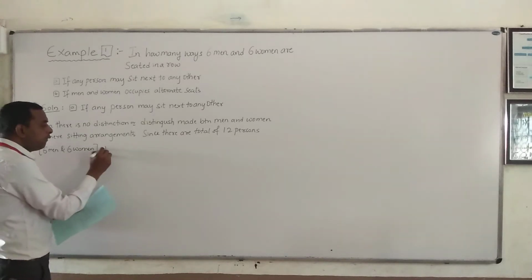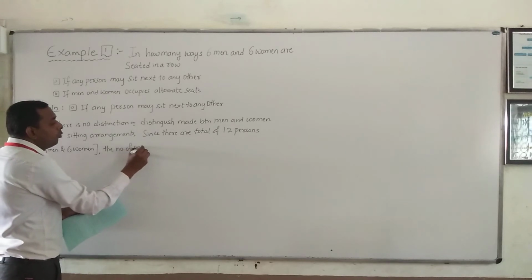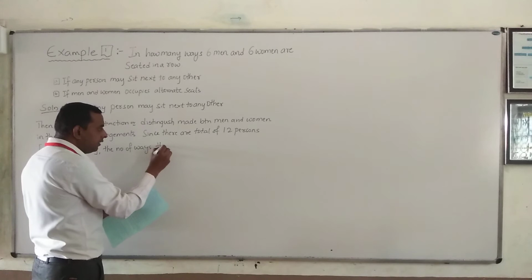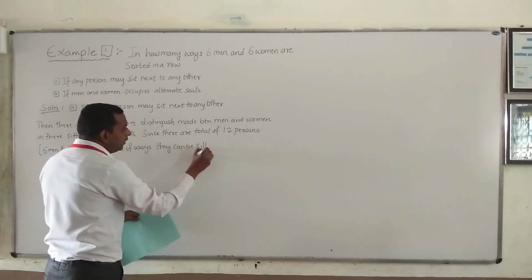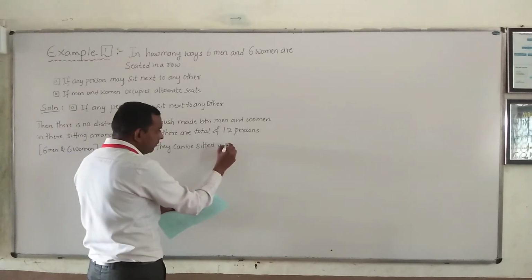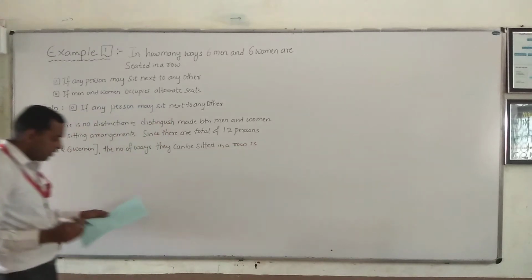The number of ways they can be seated in a row is what?